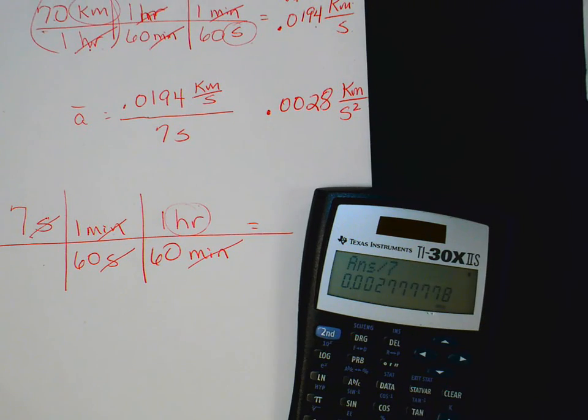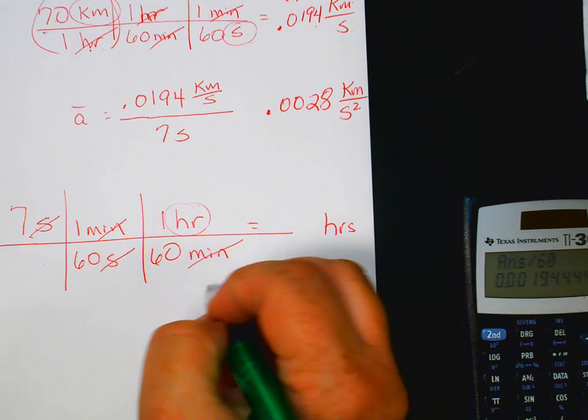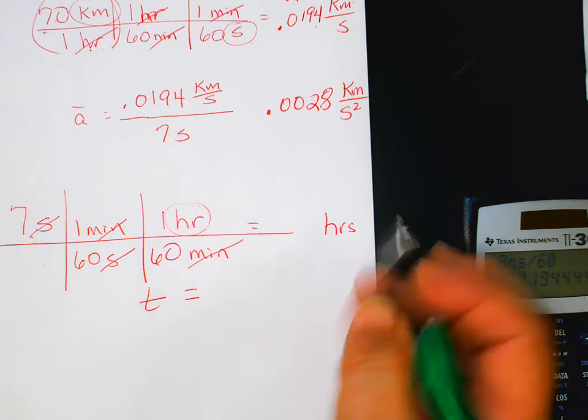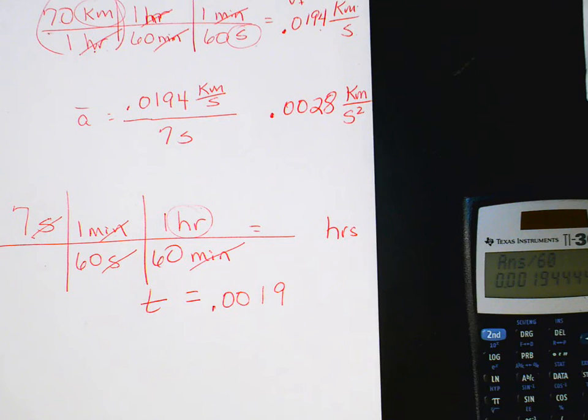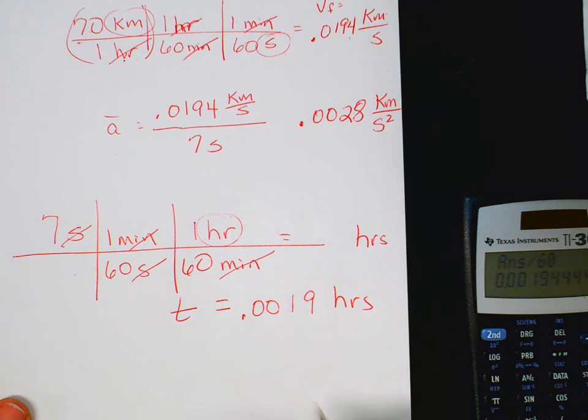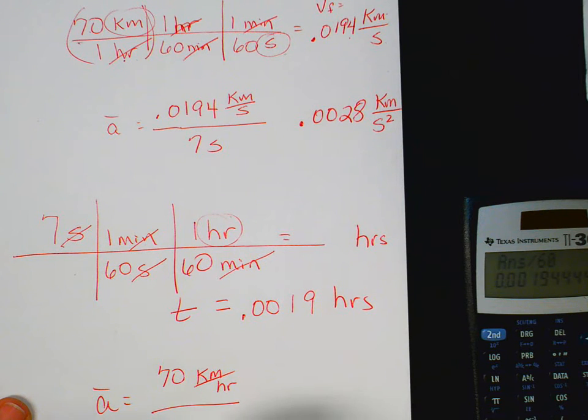In this case, I would have gone 7 divided by 60 divided by 60. So my time would have been 0.0019 hours. Had I done it that way, my average acceleration would be 70 kilometers per hour divided by 0.0019 hours.